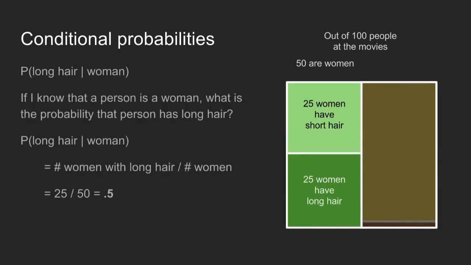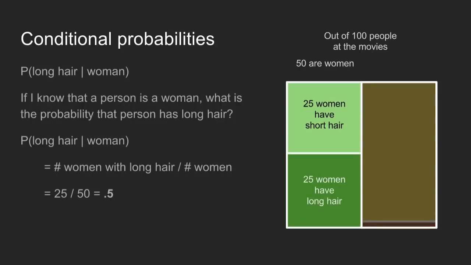Now, Bayes' theorem is a little bit tricky, so to be very precise, we're going to have to talk math. So if you bear with me for just 3 probability concepts, we'll lay the foundation for presenting Bayes' theorem. The first one is conditional probabilities. If I know that a person is a woman, that's the condition, what's the probability that that person has long hair?